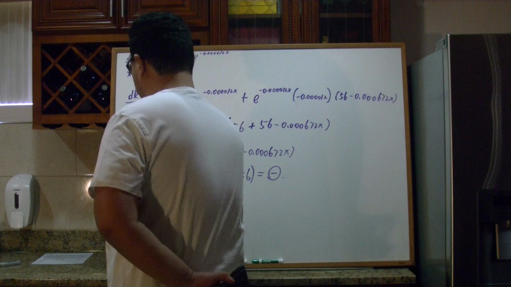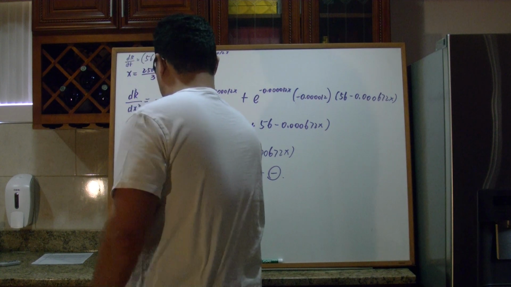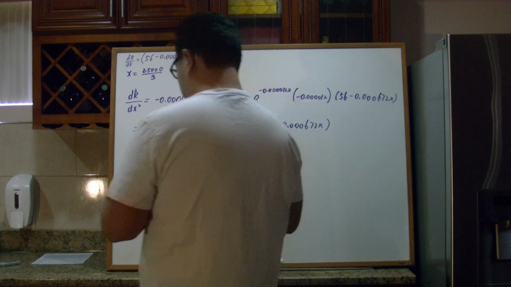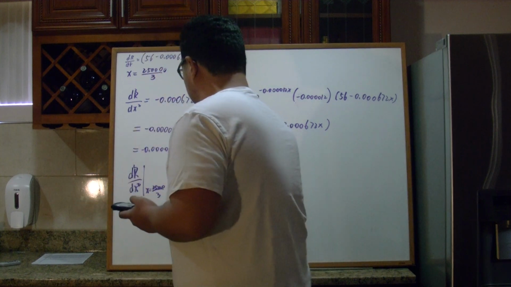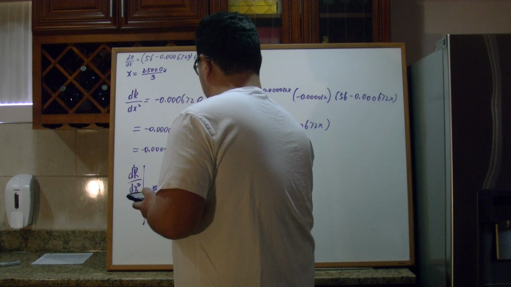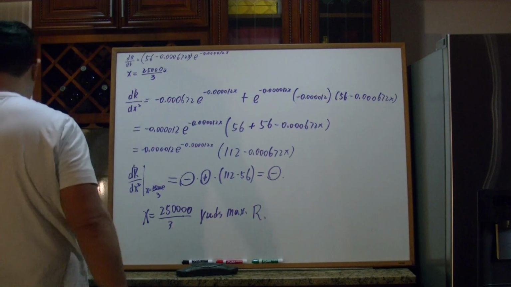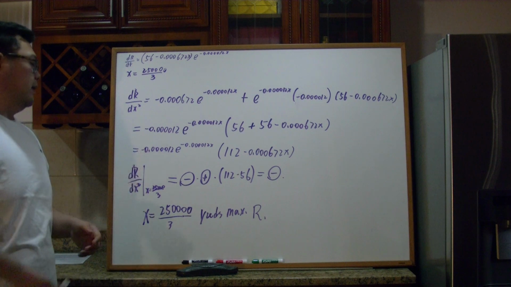So x equals that one, actually 150,000 over... that value yields the maximum revenue. Using the second derivative test, we show that this value will get a maximum revenue.